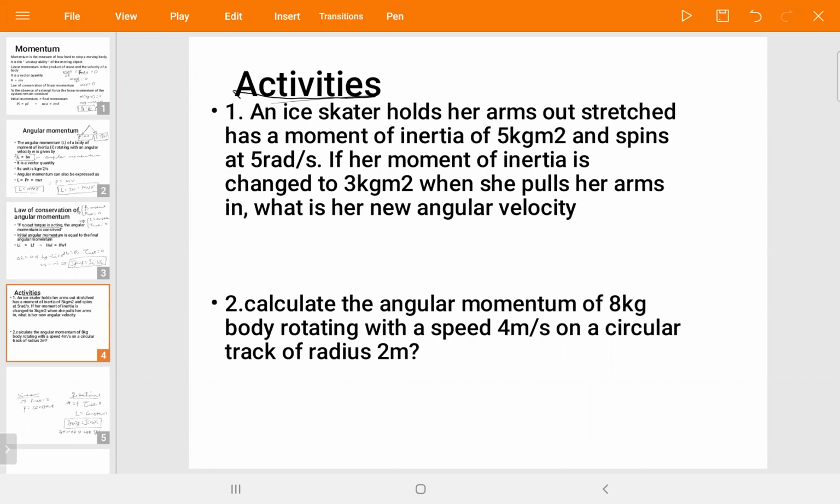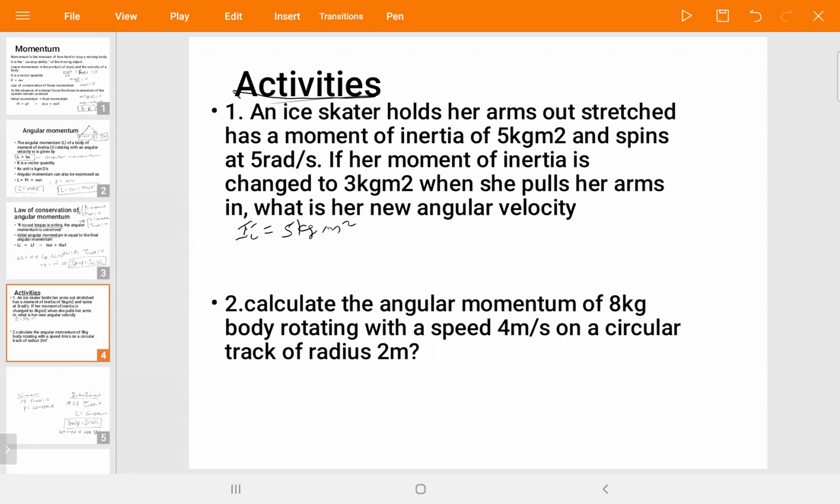If her moment of inertia is changed to 3 kilogram meter square when she pulls her arms in, what is her new angular velocity? Initially the arms of the skater were stretched out and the initial moment of inertia was 5 kilogram meter square.